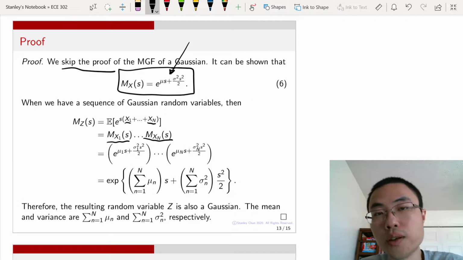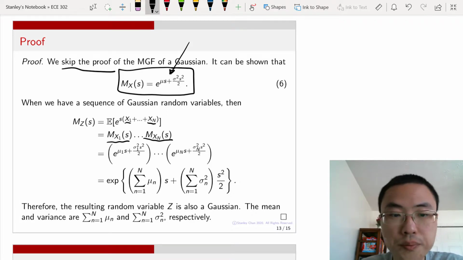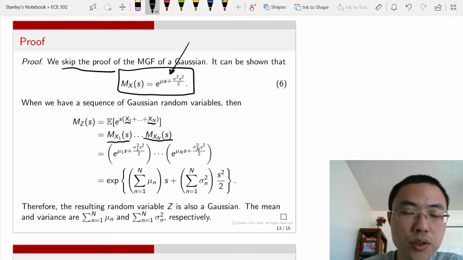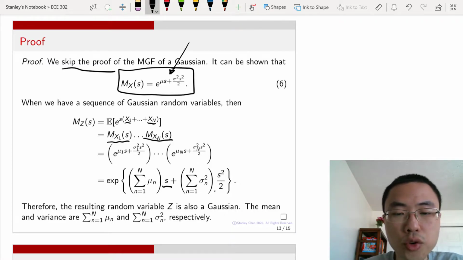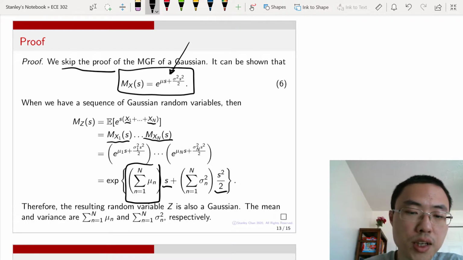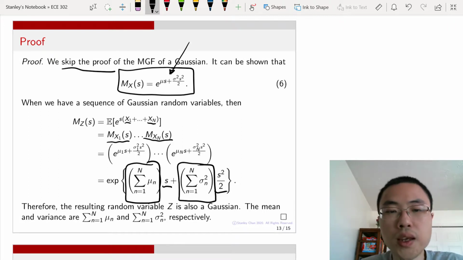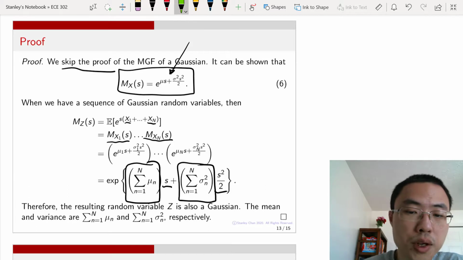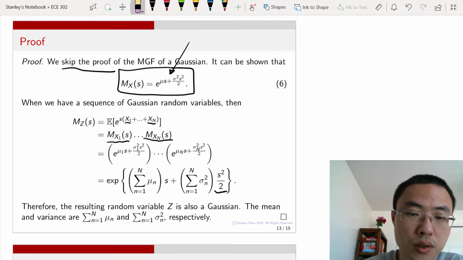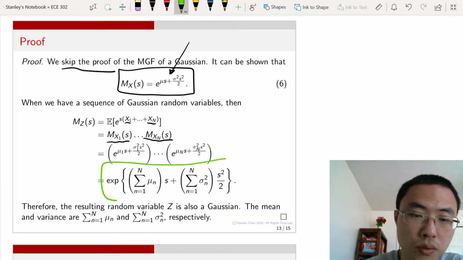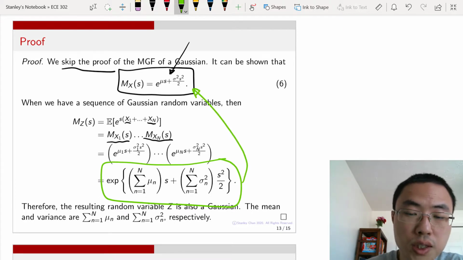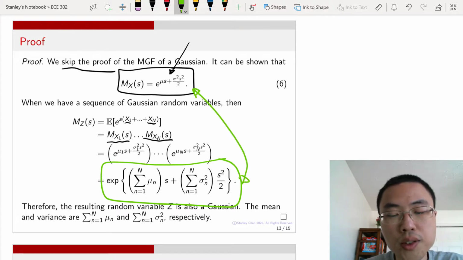That is, you take the product of the individual moment generating functions. Then you multiply them together, and then you can group all the terms that involve s and all the terms that involve s squared. Then you can see that here you have a sum of the means and you have a sum of the variances. And moreover, if you compare this result here with the result in the beginning, you realize that this is exactly in the same form as previously.